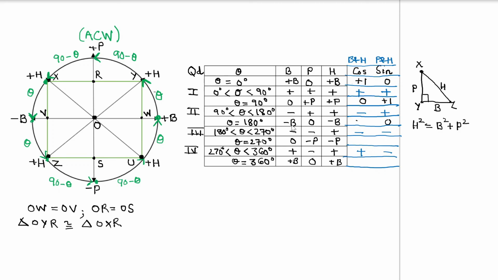This is just because of the fact that we have taken this as minus P and minus B. So this has to be plus B. Why is this plus B? Because the hypotenuse is positive in all four quadrants that we have taken.